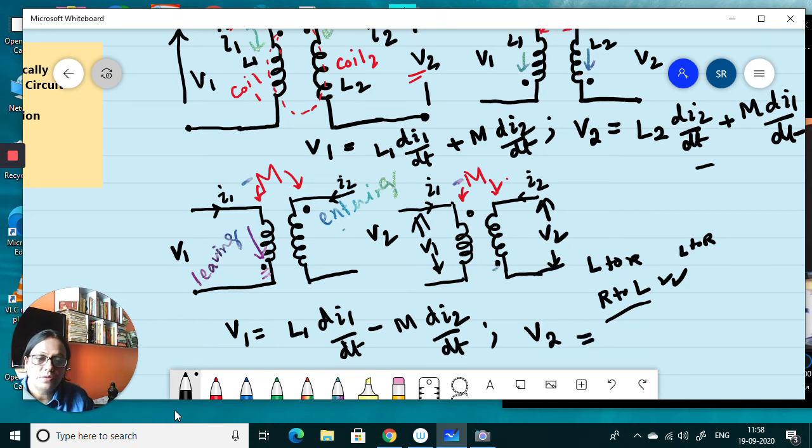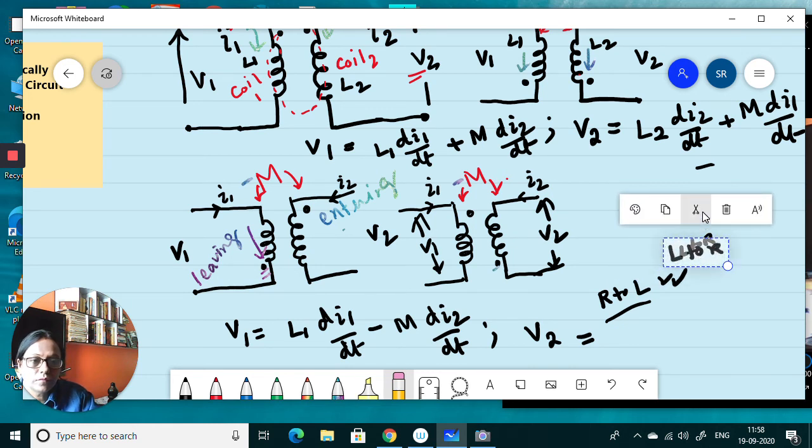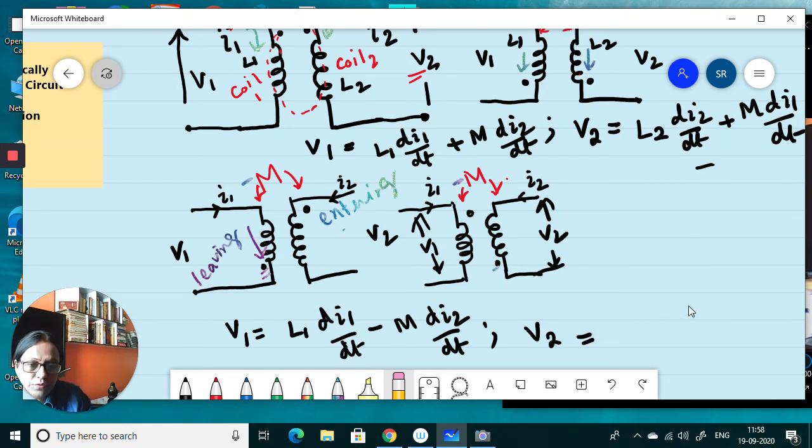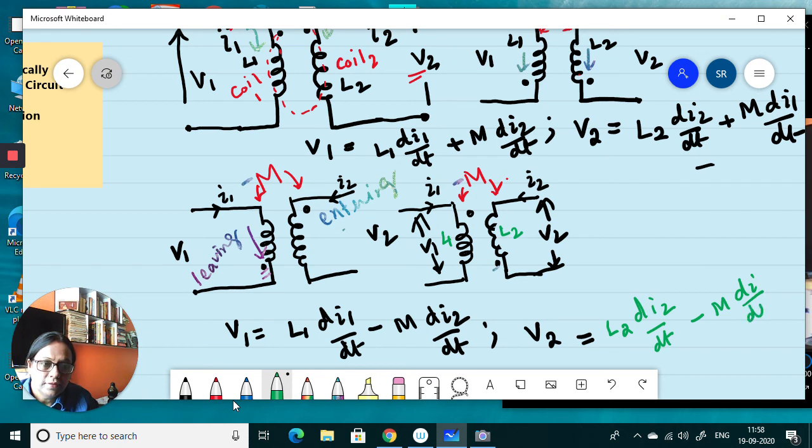So V2 is equal to, sorry, this is L2 and this is L1, V2 is equal to L2 dI2/dt minus M dI1/dt. So this is the expression of V1 and V2.